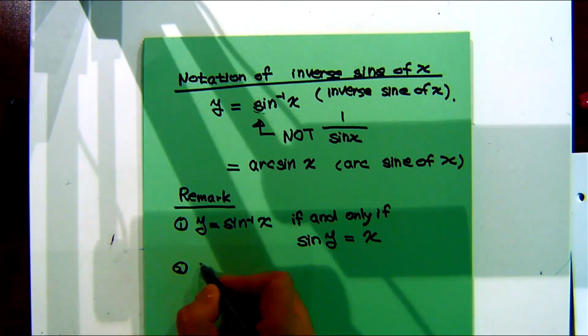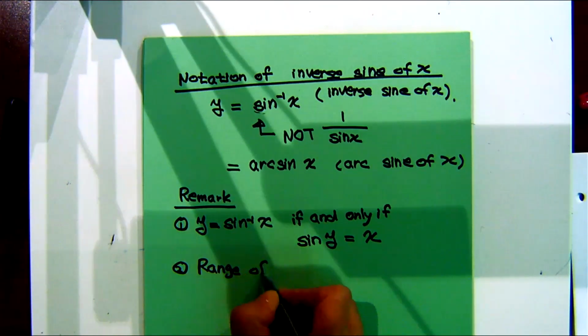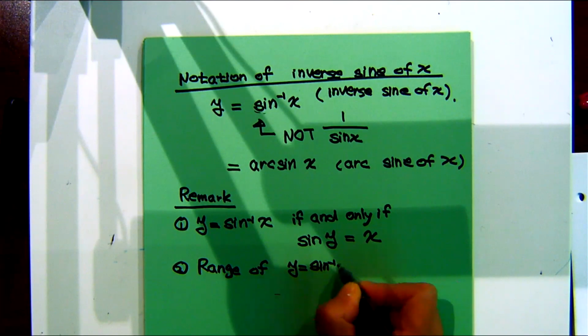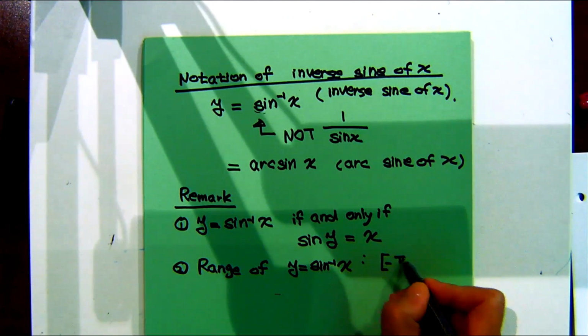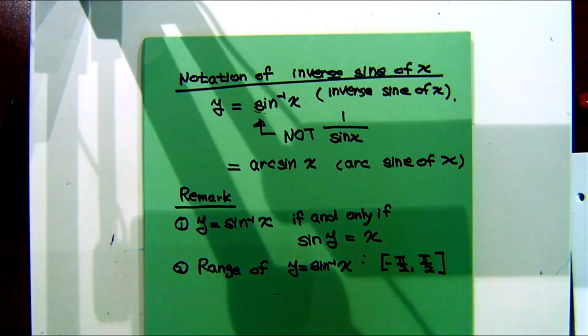The range of y equals sine inverse of x, the inverse function, is from -pi/2 to pi/2. We discussed quadrant 4 and quadrant 1, and that was how we restricted the domain when we defined the inverse sine function.